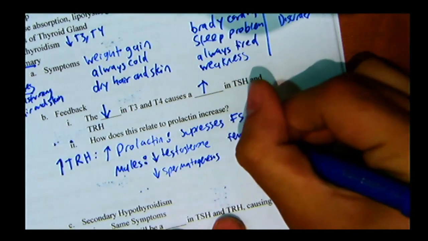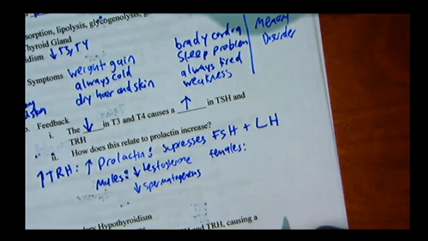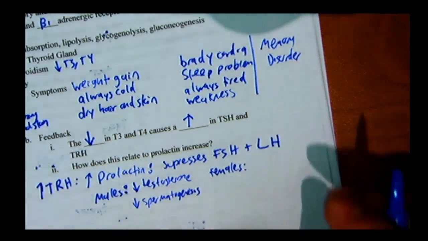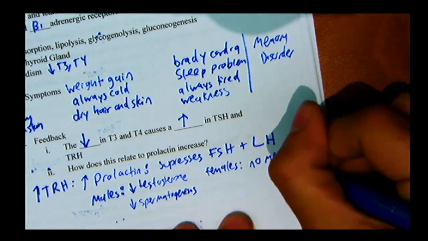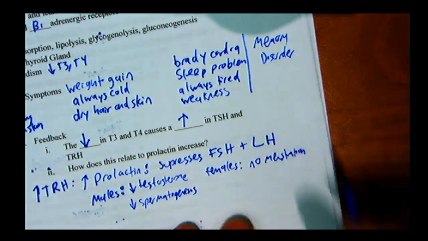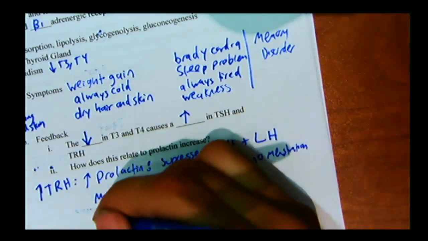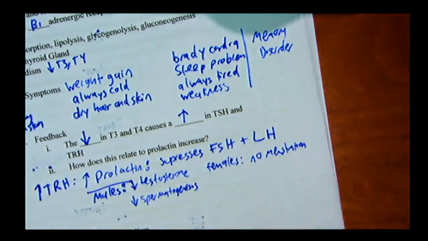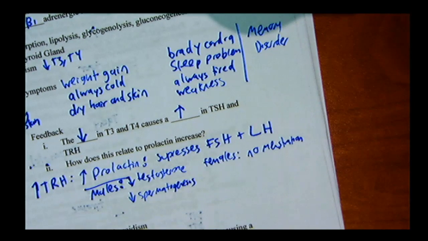Cool. So these are the symptoms you'll see if there's an abnormal increase in prolactin, like there is in this condition, in hypothyroidism, primary. You'll also, what other thing happens with prolactin? If you have an abnormal increase, what does it do for a female? Lactation. So actually, if a male or a female gets an increase in prolactin, they'll both menstruate.